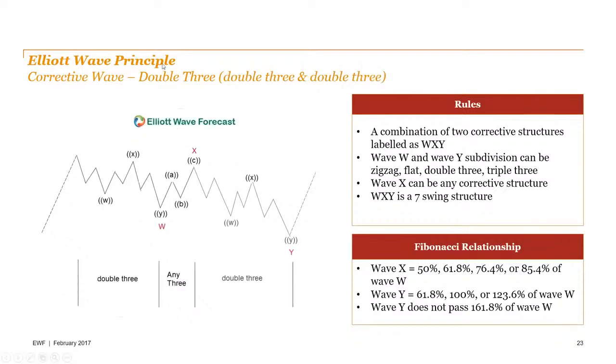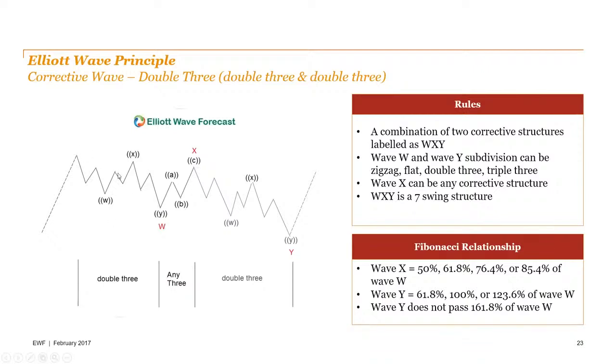Here's another example. It is another double 3. On the left side, we have another double 3. So you see, we have a WXY, but on the left side, the subdivision is another WXY of the lower degree. Right? If the red degree is minor, then this is the minute degree. So we have another 3, 3, 3.